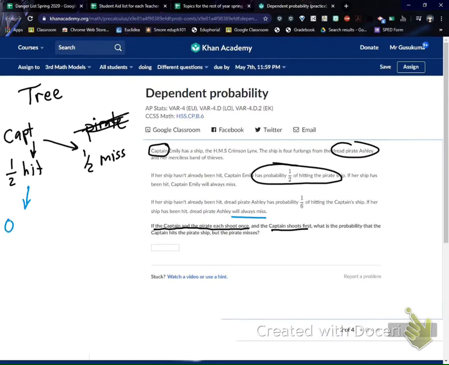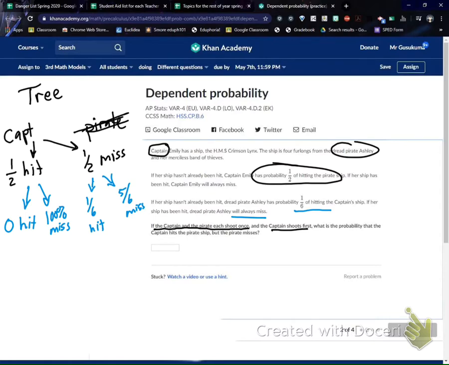That means there is a 0% chance of hitting and a 100% chance of missing. And if the captain misses, then Dread Pirate Ashley has a 1/6 of hitting. So if there's a miss, then there's a 1/6 of hit. And that means there's a 5 out of 6 of miss.